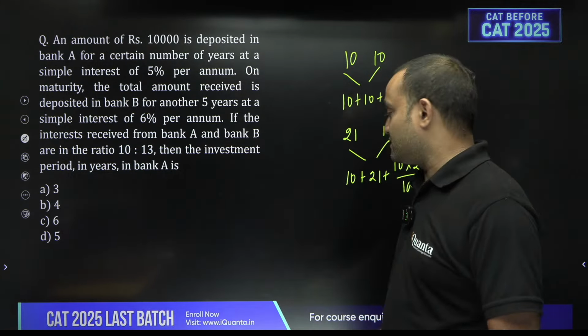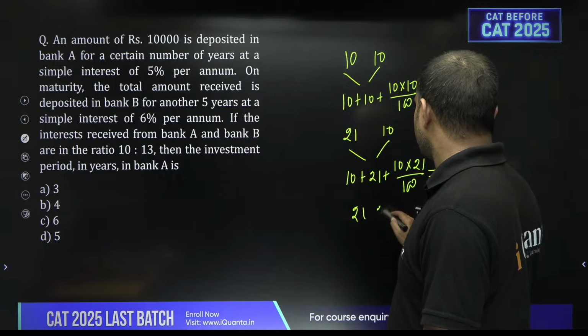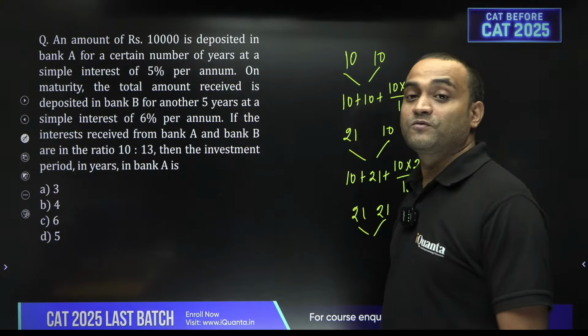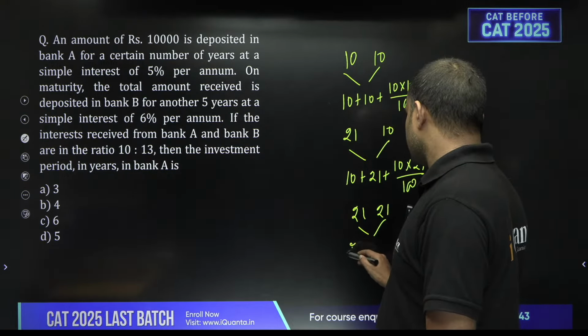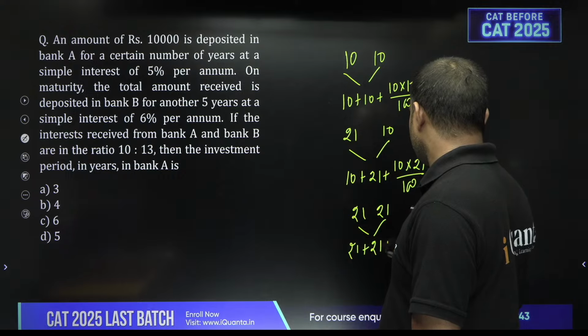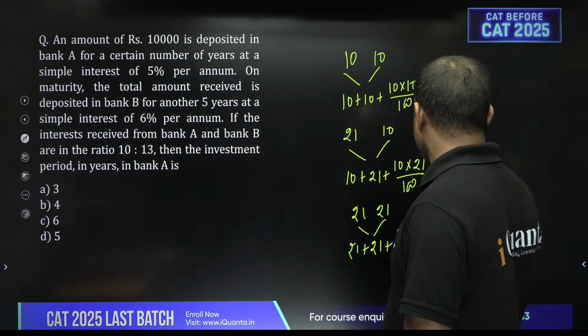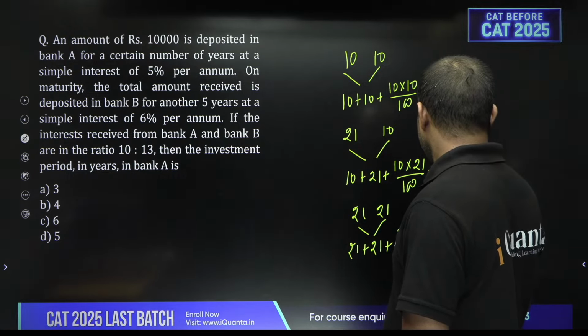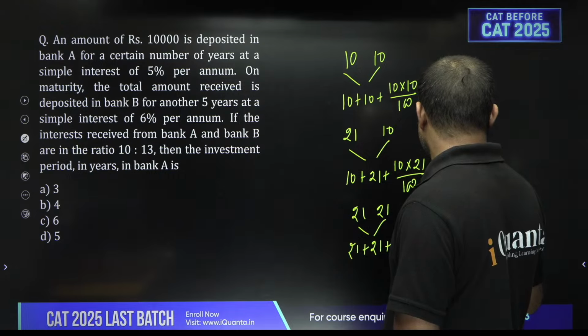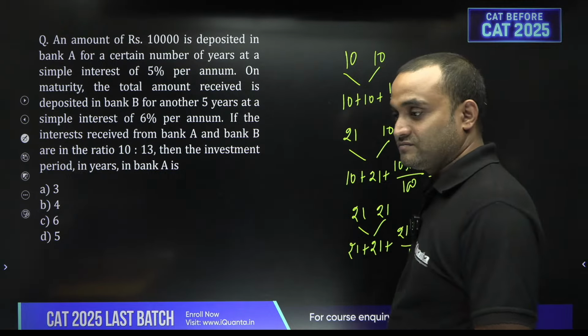And for 4 years, the effective rate of interest will be the successive of 21 and 21, which is 21 plus 21 plus 21 into 21 upon 100, which is equal to 46.41%.